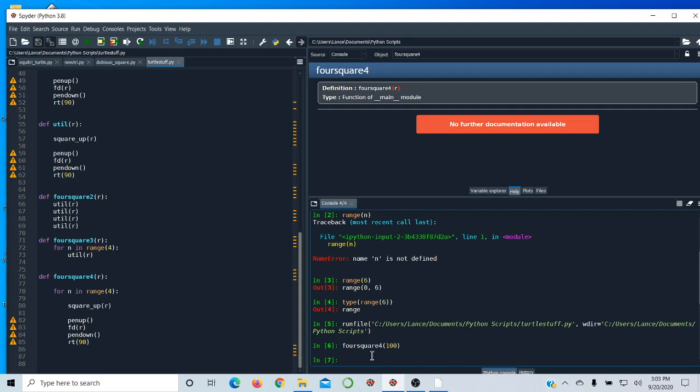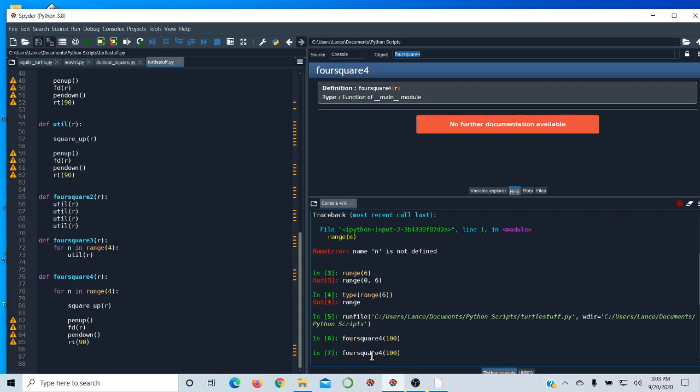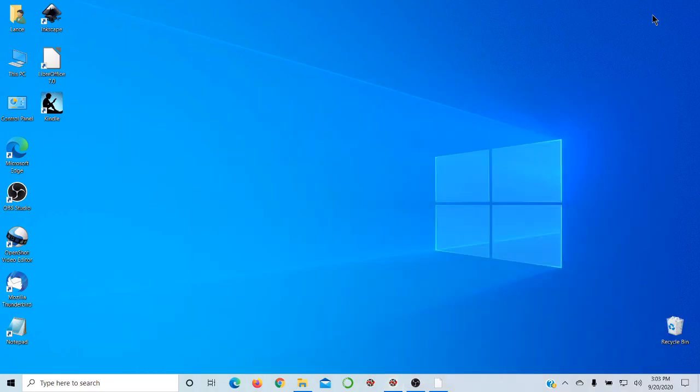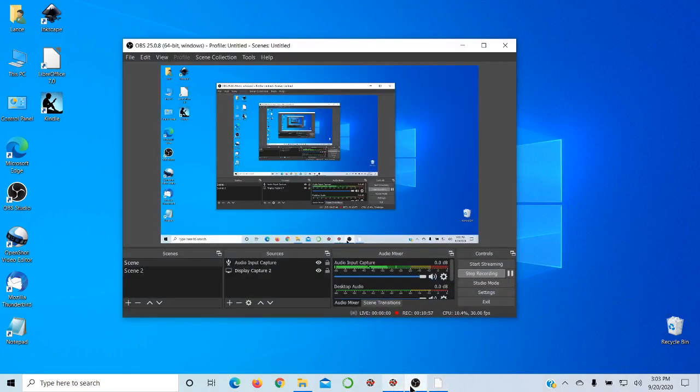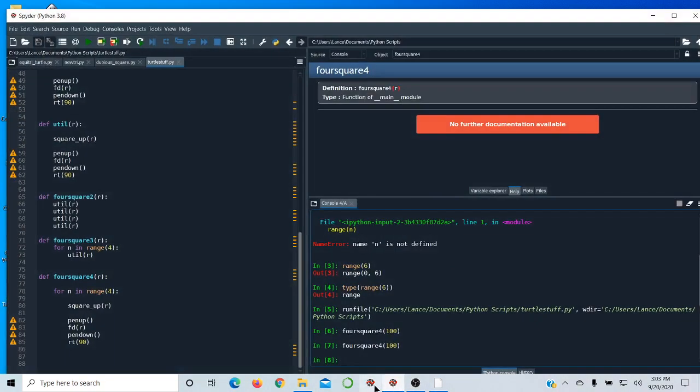Let's try 4 square 4, scale factor 100. This is probably going to do the bad thing. Oops. All right, exit.